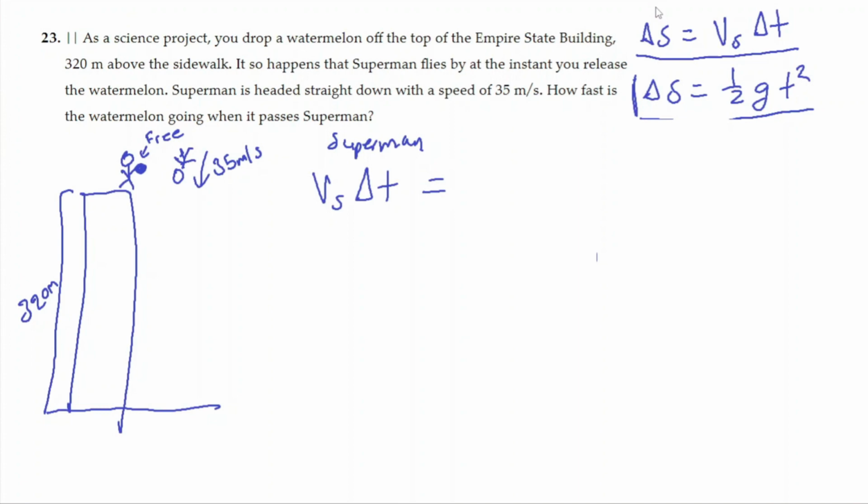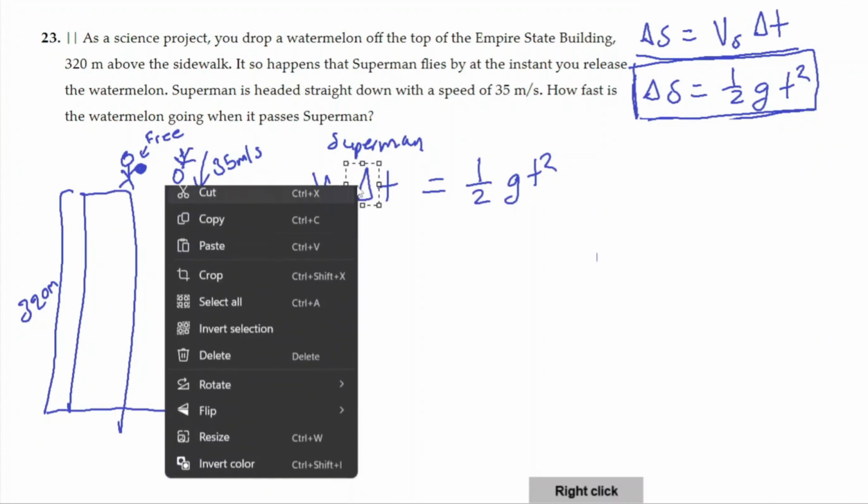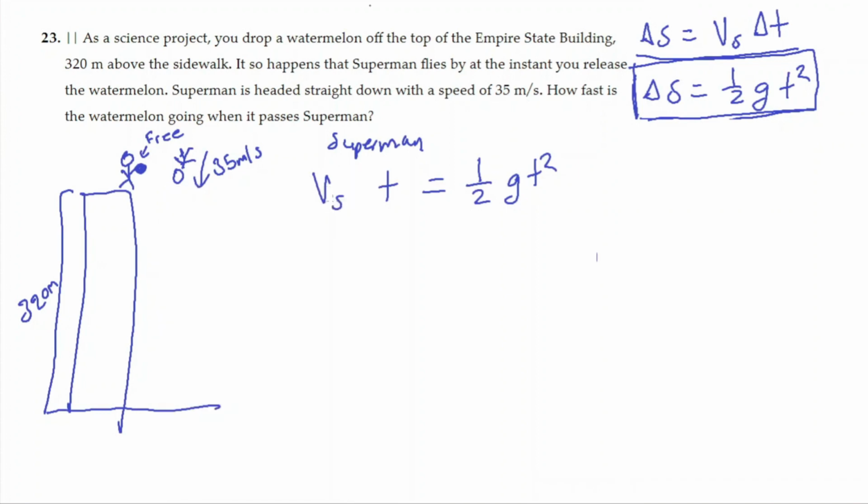And that's going to be equal to the watermelon equation. The watermelon is denoted by the free fall because the watermelon's in free fall. We're basically giving both of the particles equations. So the watermelon's equation is going to be 1 half g t squared. And we can remove this delta. It's a little unnecessary here.